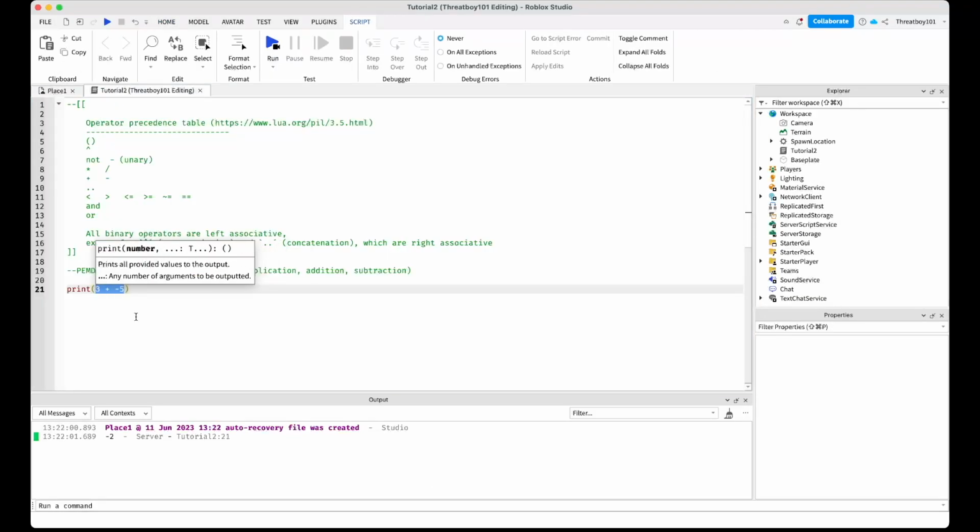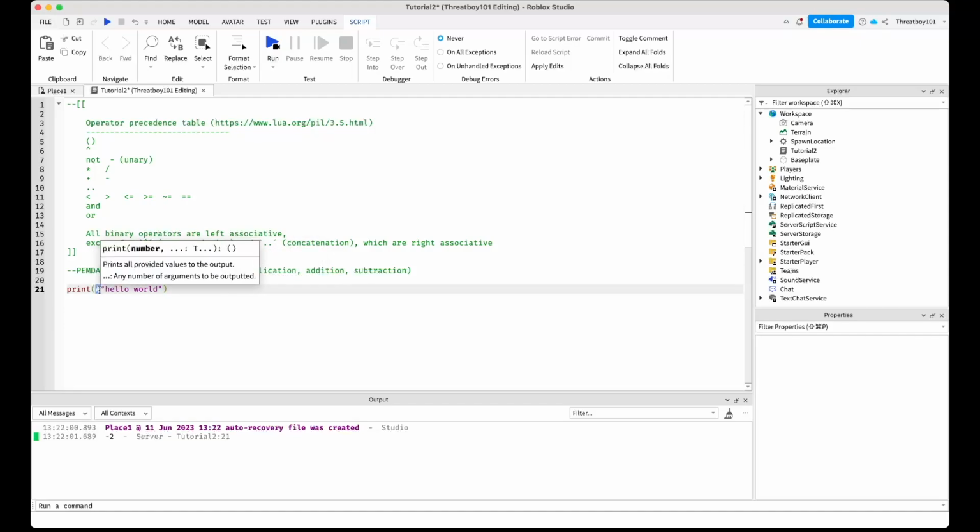And there are other examples of unary operators. Another example of a unary operator is, I don't know what this operator is called, but I'll just call it the hash operator. And this hash operator is an operation you do on strings, but since it's a unary operator, that means that it only operates on one string, right?